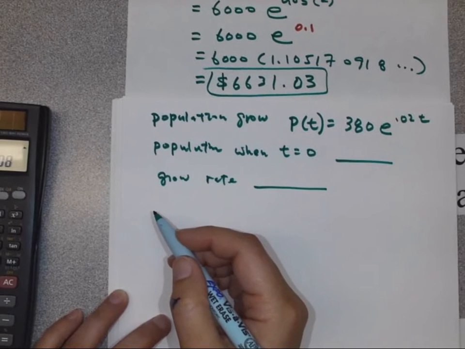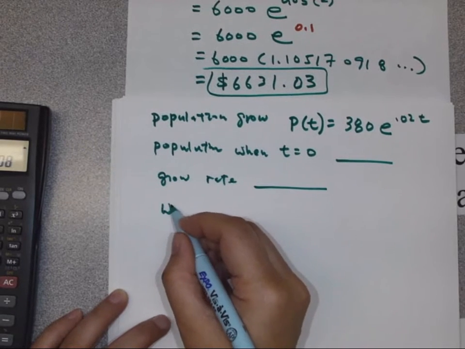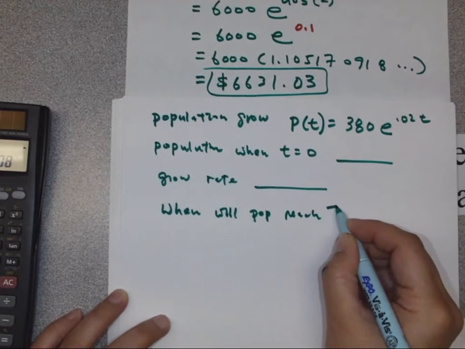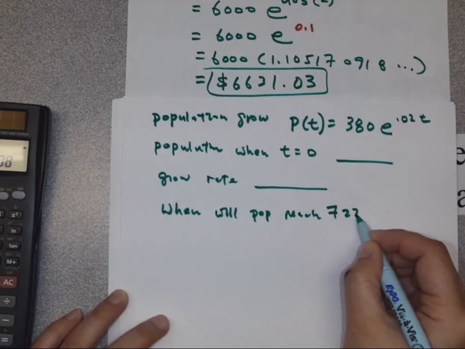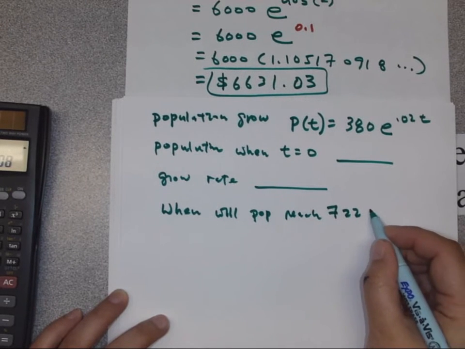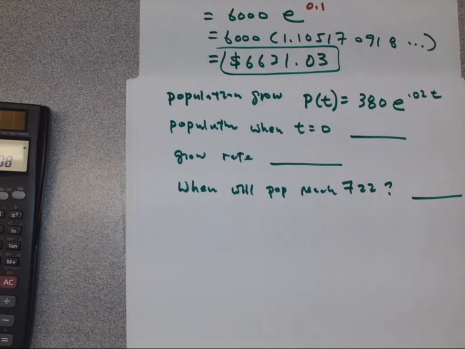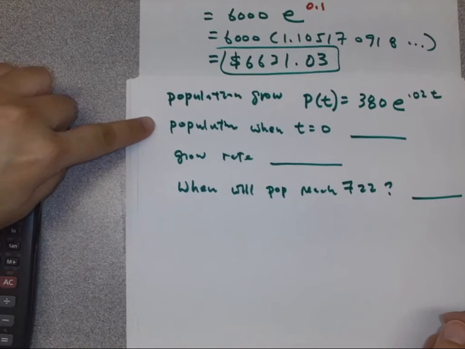And then when will the population reach 722? Okay. All right, so what is the population when time is 0?